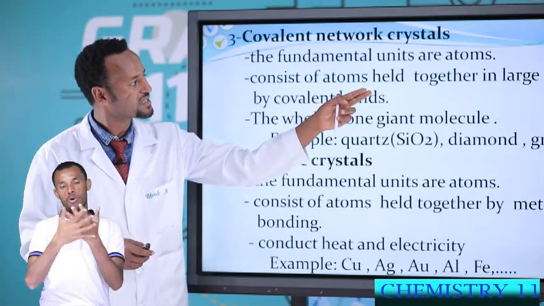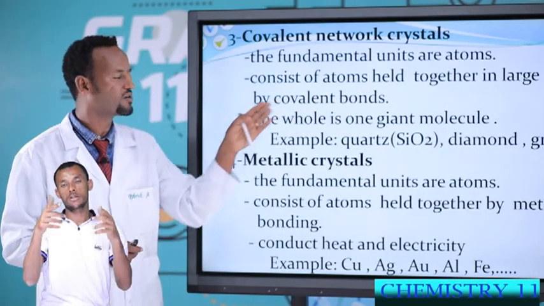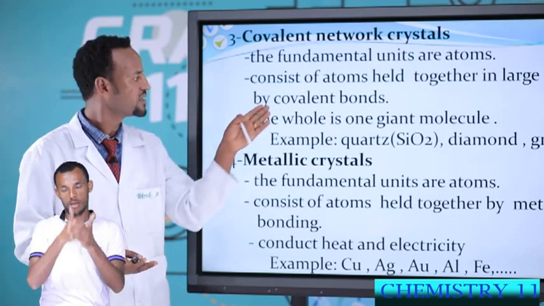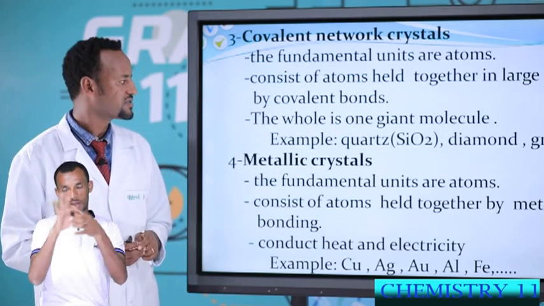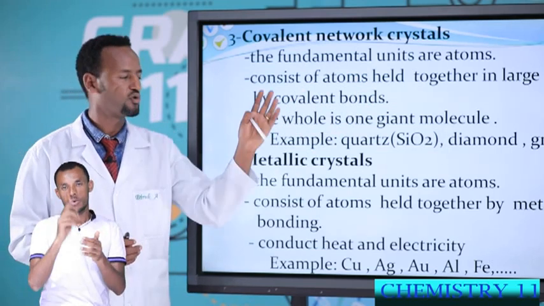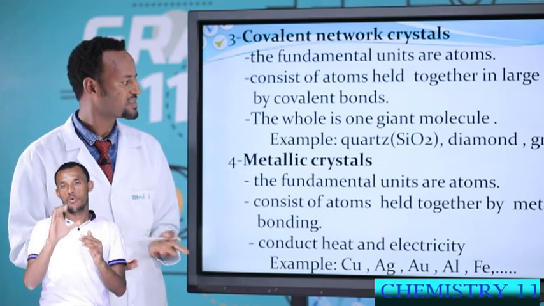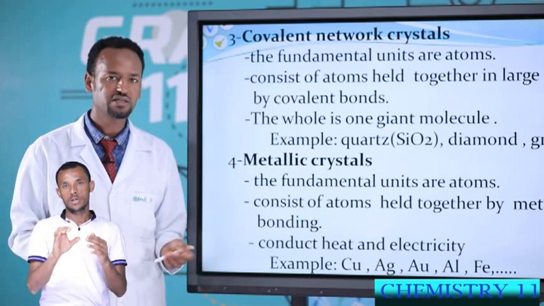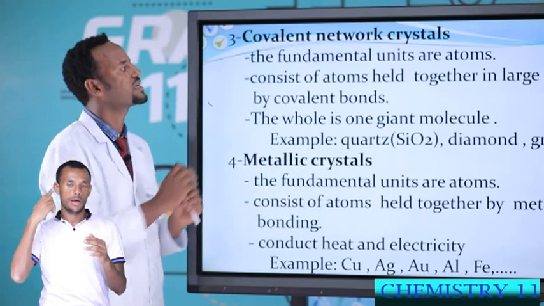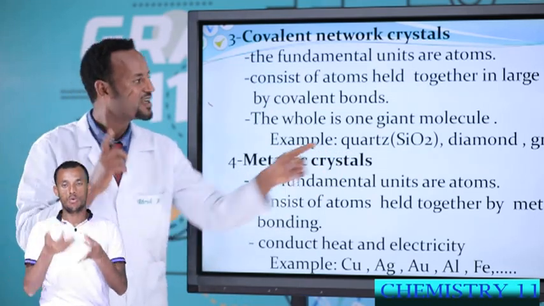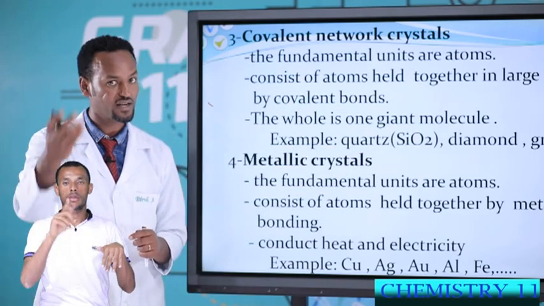They consist of atoms held together in a large network by covalent bonds. The whole is one giant molecule. Examples of covalent network crystals: quartz, diamond, graphite, and so on. These compounds, again, do not conduct electricity, except graphite. Graphite conducts electricity.